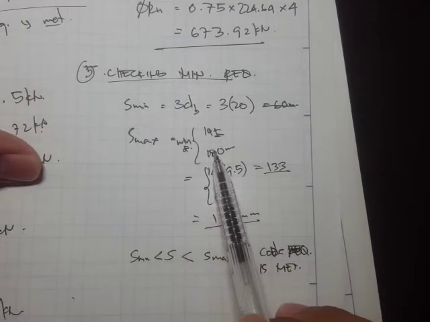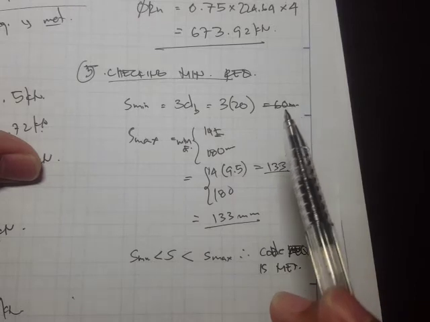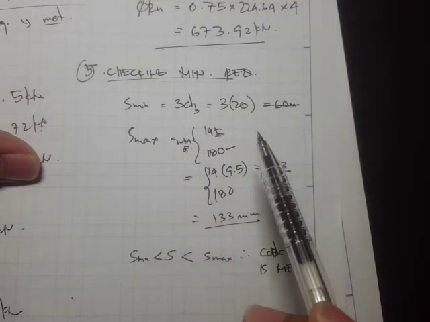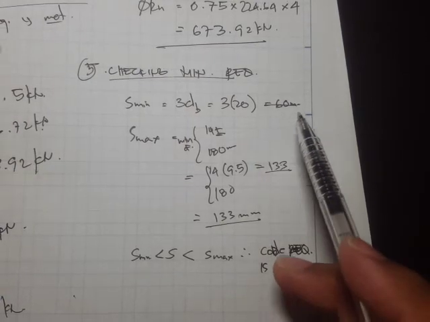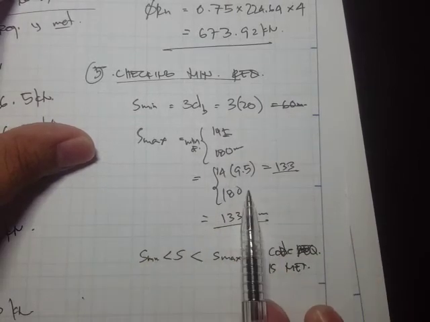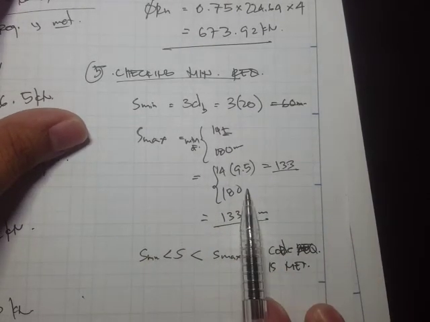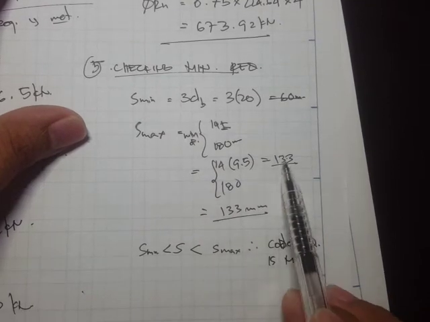The maximum depends if we have a condition wherein the connection is subjected to corrosion, or if it's painted or not. Okay, so we just assume the worst case condition, and this is it.